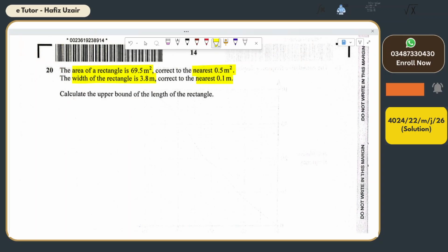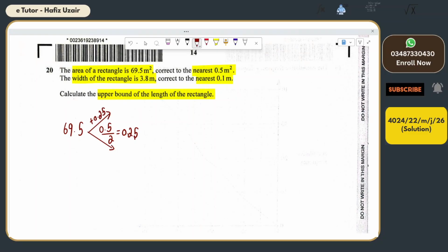We need to find the upper bound of the length of the rectangle. First, we need to find the upper and lower bound for the area and width. 69.5 is to the nearest 0.5, so we take half of 0.5, which is 0.25. Now you need to add 0.25 and subtract 0.25.